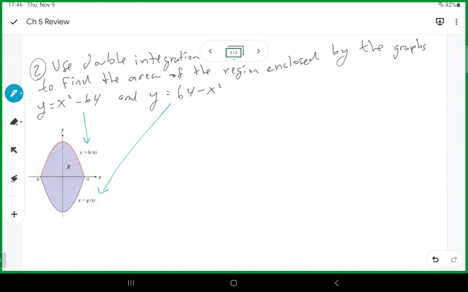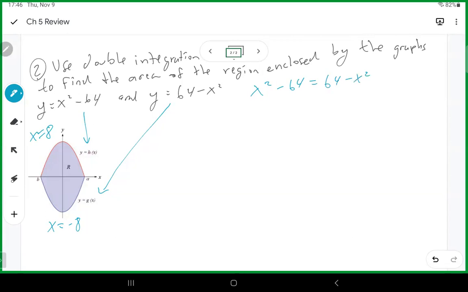It is bounded by the graphs that you see there between x equal to -8 and x equal to +8. The upper bound for x is given by solving the equation x squared minus 64 equals 64 minus x squared.